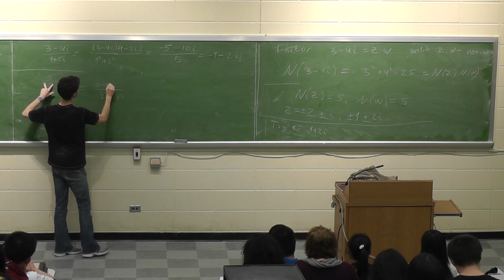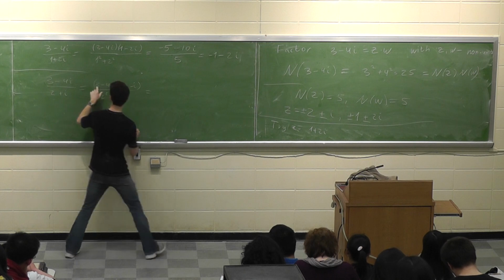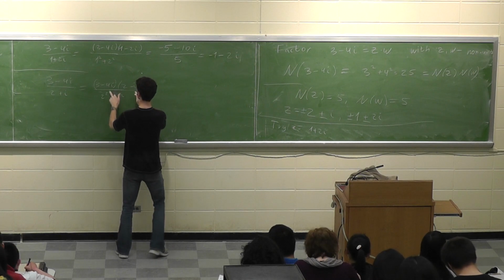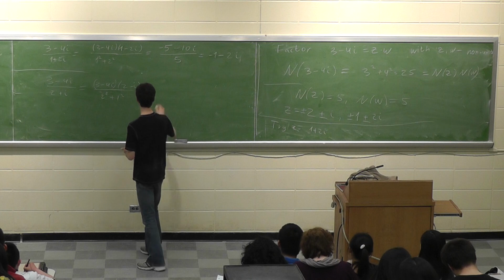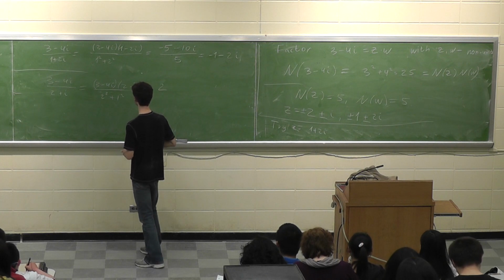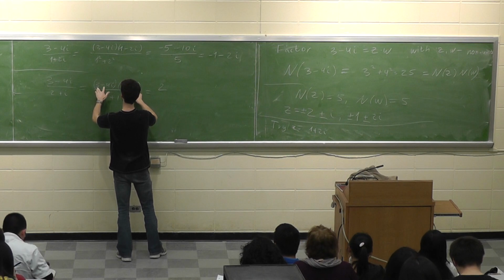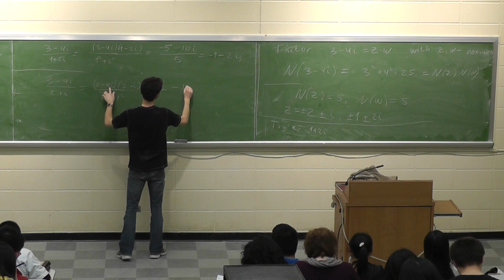So 3 minus 4i times 2 minus i. We get 6 minus 4... no, we are not going to get the solution. Okay, so we did get that. So minus 3 minus 8, so it's minus 11i.